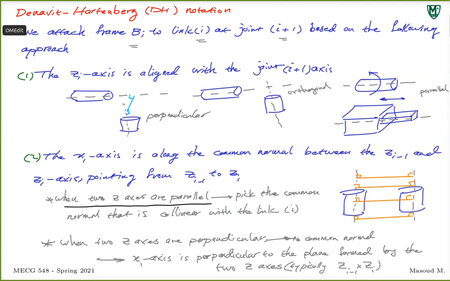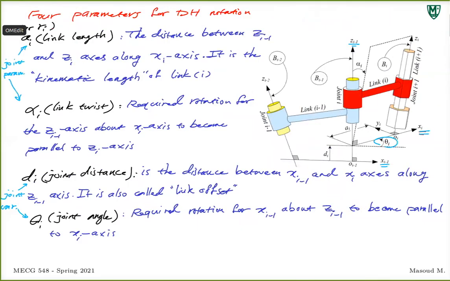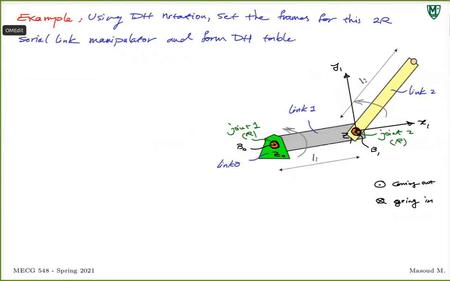Z0 and Z1 are parallel, coming out of the screen, so you have an infinite number of common normals between them.